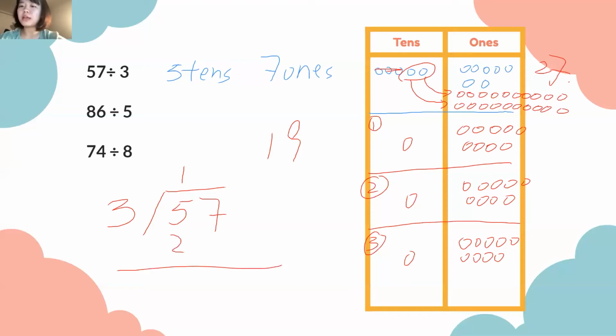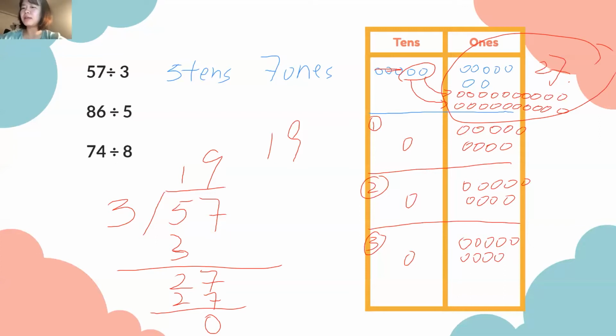That will give us 27, which is right here. And 3 times 9 is 27. We don't have any remainders, so that gives us 0. So 57 divided by 3 equals 19, which is our answer.